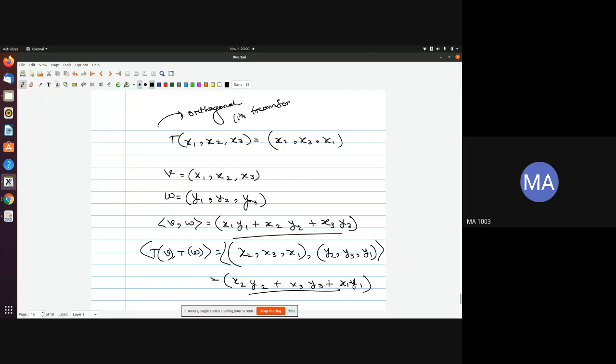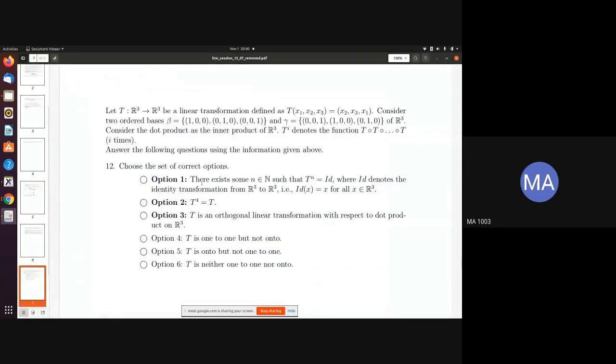Now, if I ask for the matrix representation of it with respect to the standard ordered basis, will that be an orthogonal matrix or not? Can you tell me directly? Yes, sir, it is. So if I write the matrix representation with respect to the standard basis, then it is an orthogonal matrix.